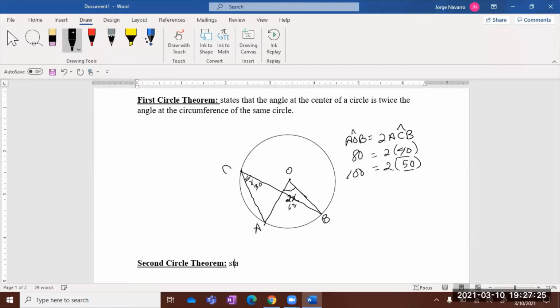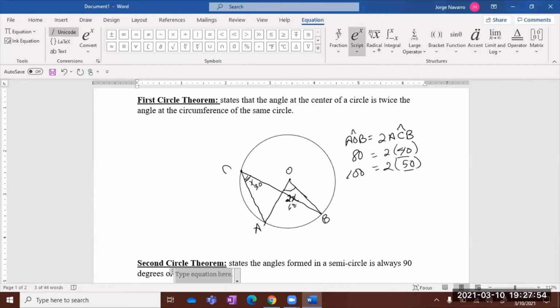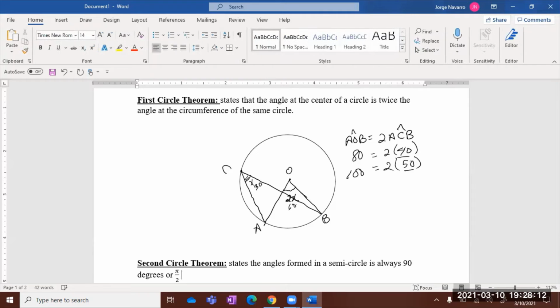Second circle theorem states that angles formed in a semicircle is always 90 degrees, or pi over 2 radian, right? Or pi over 2 radian.